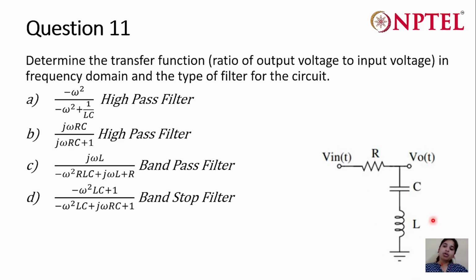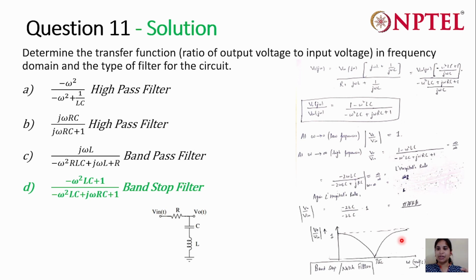The output V naught of t is now the voltage across the series combination of L and C. So our expression will be Vi into j omega L plus 1 by j omega C, divided by the total resistance, R plus j omega L plus 1 by j omega C.